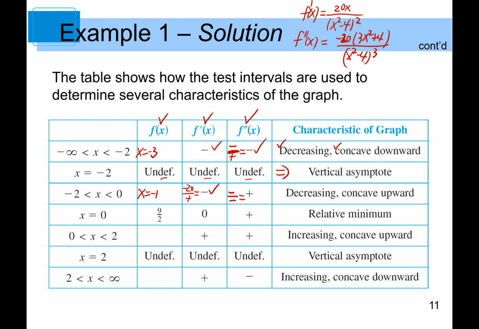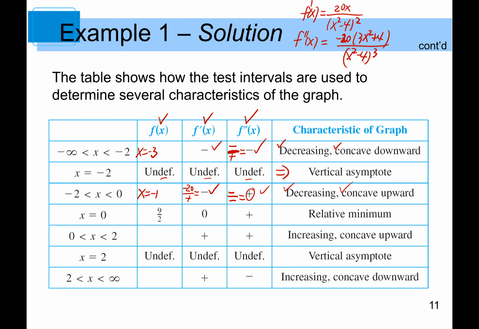So two negatives turn into a positive. That indicates that in this interval this part of the graph is decreasing and concaving upward. The first derivative being negative means a decreasing interval, and the second derivative being positive means concave upward.